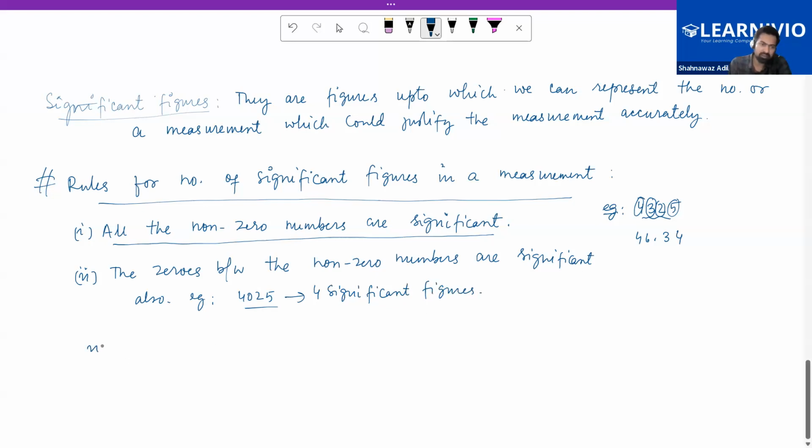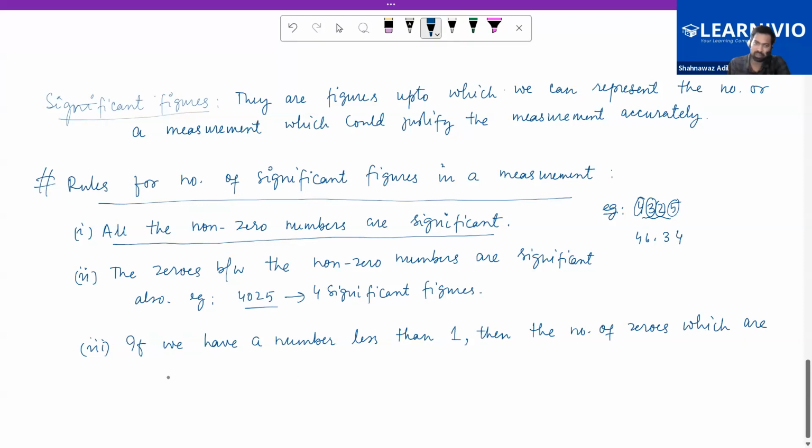And then if we had a number below 1, less than 1, then the zeros which are to the left of the first non-zero number are all insignificant.